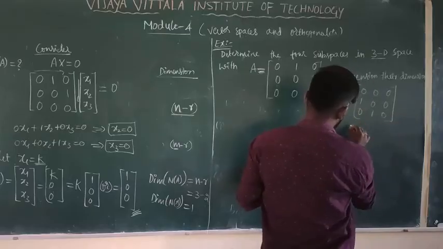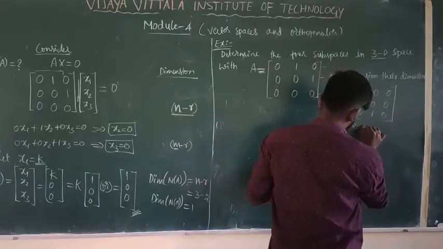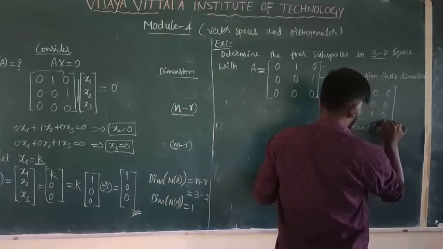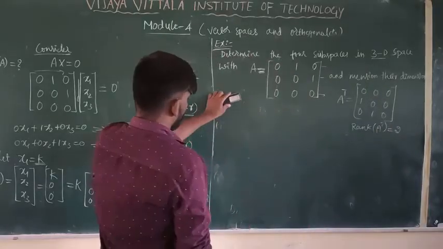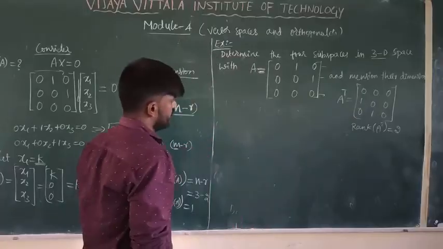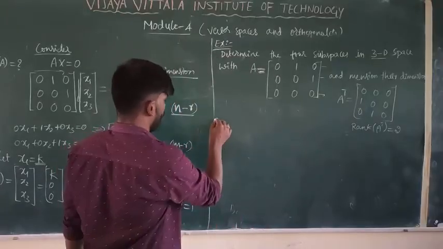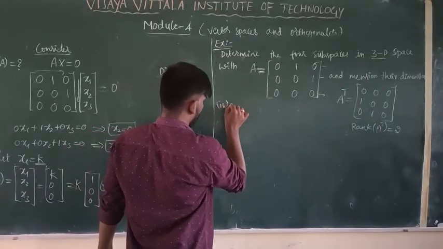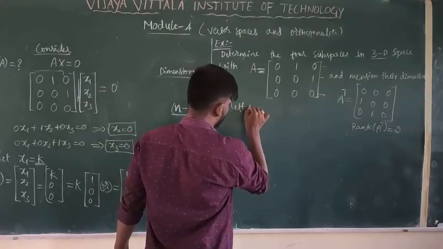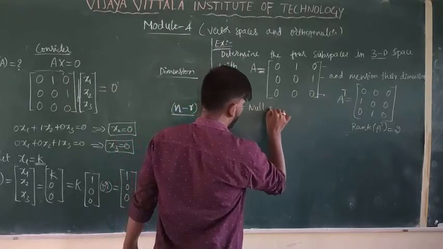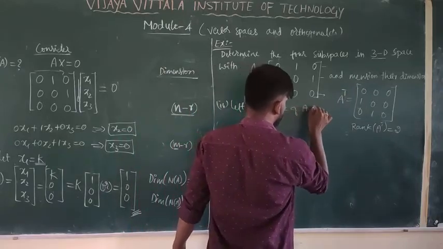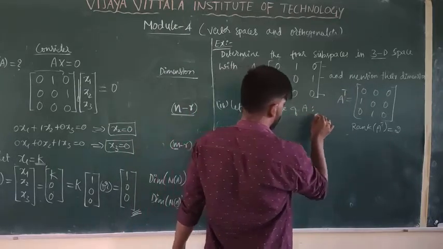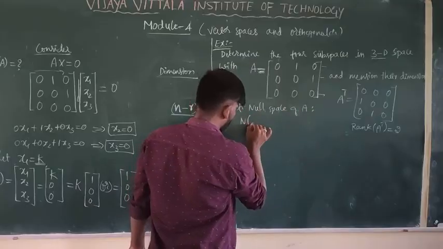The rank of A transpose is the number of non-zero rows, which is 2. The left null space of A is denoted by N of A transpose.